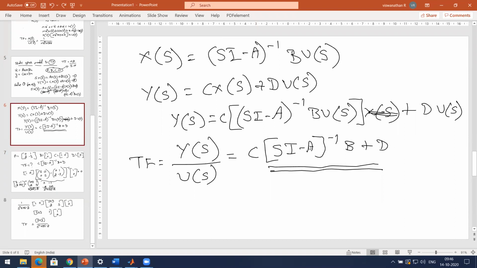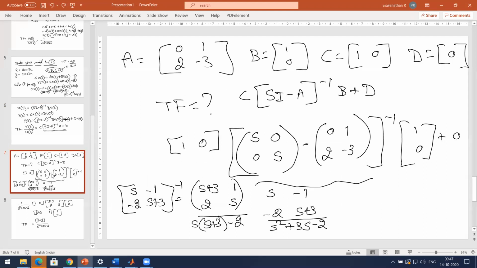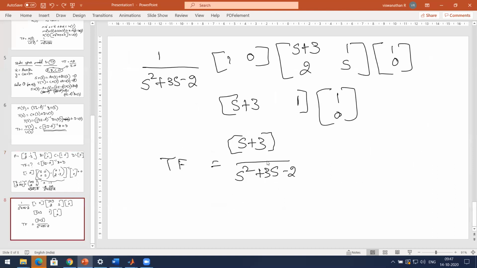You have the A matrix, B, C, and the D matrix here. Then we took a numerical where A, B, C, D are given. So what is the transfer function? We found that the transfer function is (s plus 3) divided by (s square plus 3s minus 2).